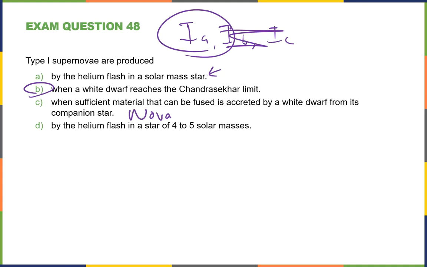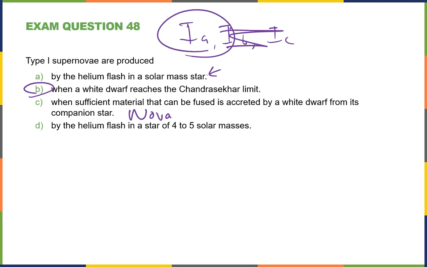It says solar mass because you don't have a helium flash in all stars. When you have helium in its core and the electrons, and the pressure is such that you reach electron degeneracy before you have a high enough temperature and pressure for helium fusion, at that point it doesn't compress anymore. It just gets hotter and hotter and hotter, until when fusion starts, the whole stinking core starts fusing at once. And so that's the helium flash.